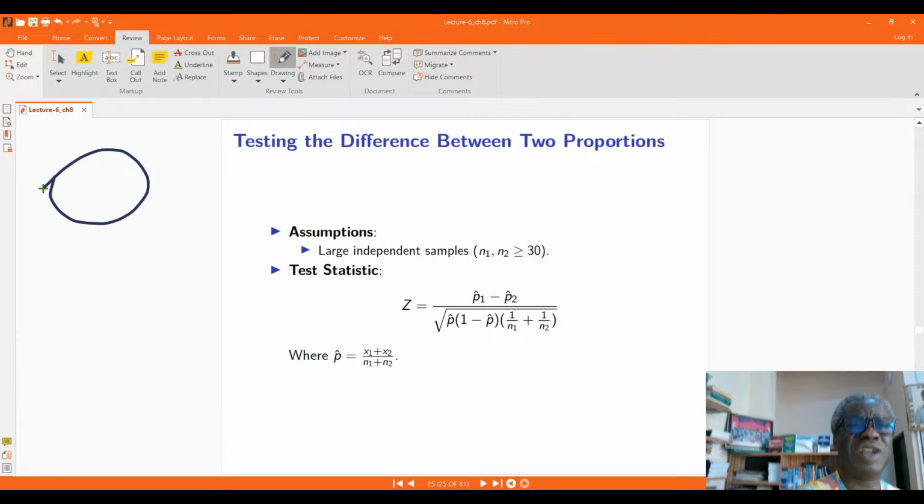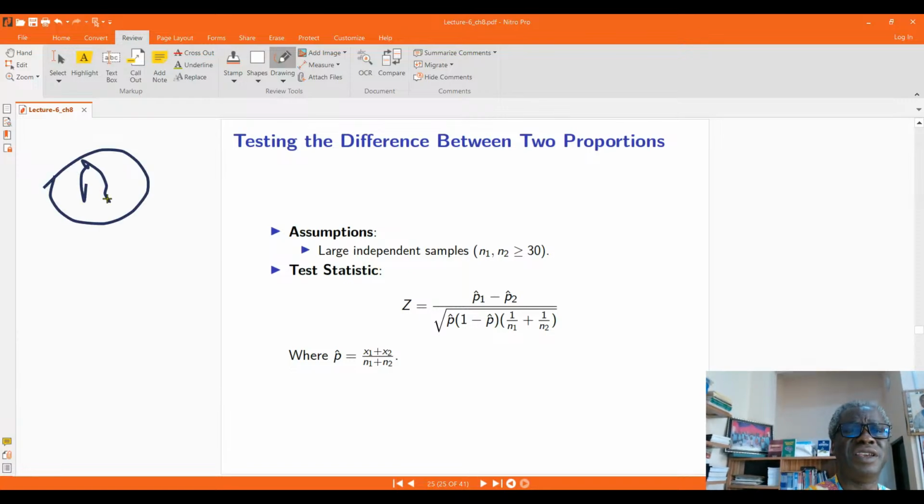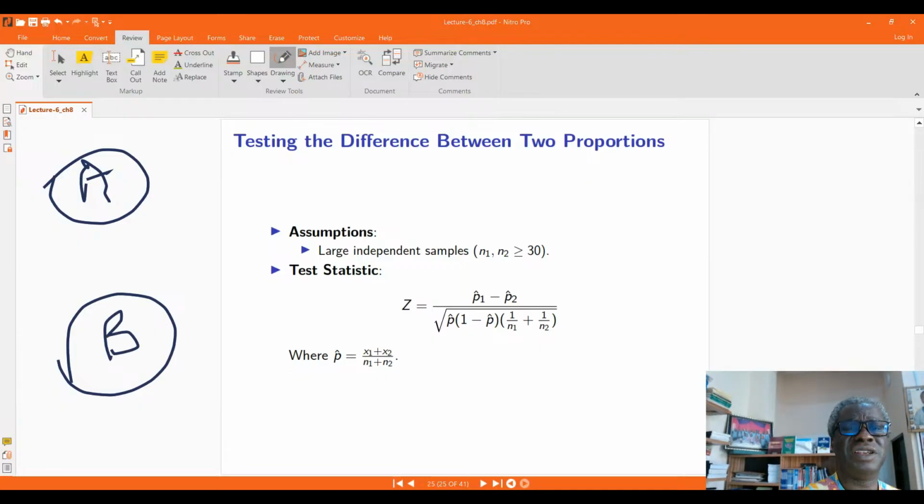So you could also have population A and population B, and you are comparing proportions from the two populations. So you may say the proportion in population A is not different from the proportion in B. You will see an example now.